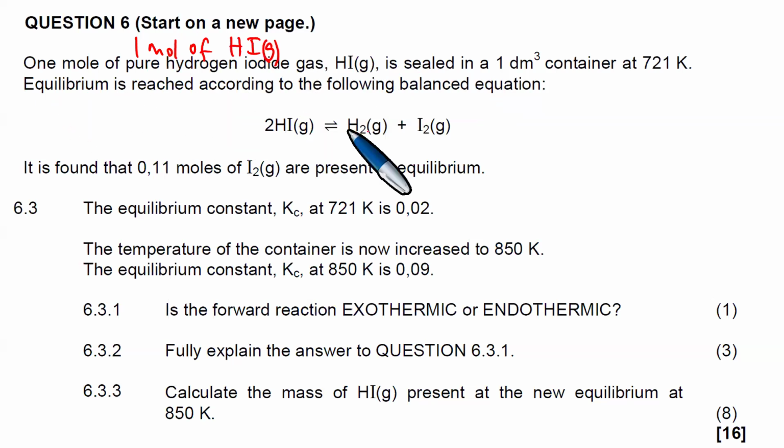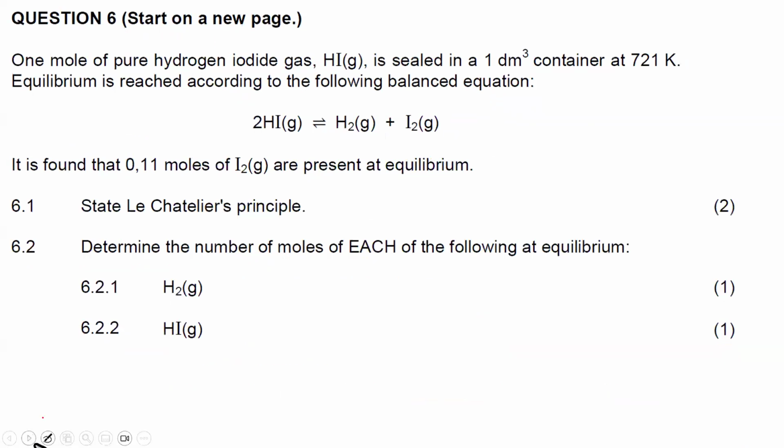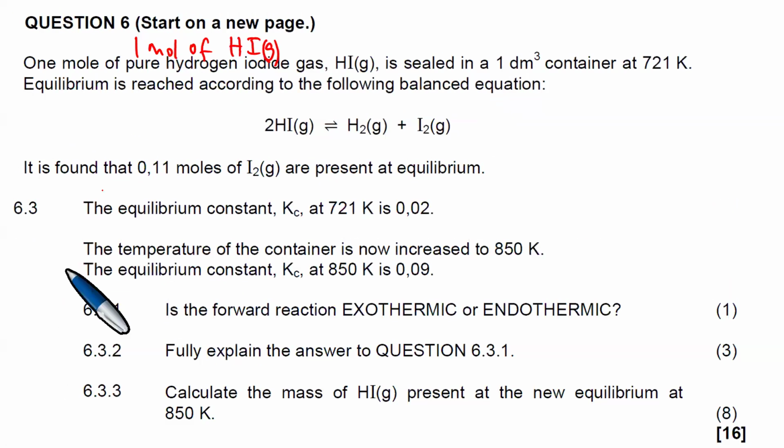Equilibrium is reached according to the following balanced equation. We saw that. Here is the next question, because we've already done up to 6.2, and now we're looking at 6.3. The equilibrium constant, which is what you call the Kc, at 721 Kelvin temperature is 0.02. The Kc is given.